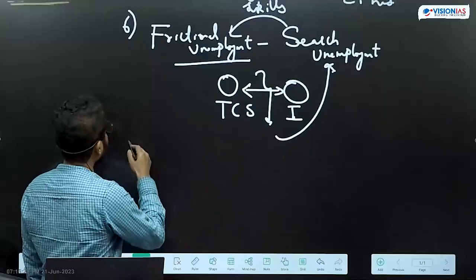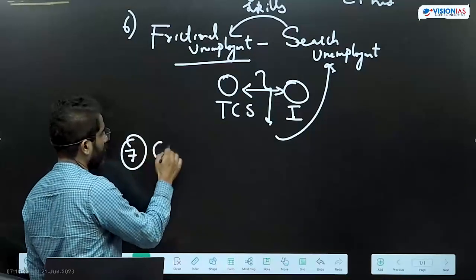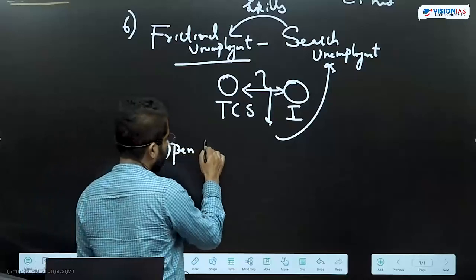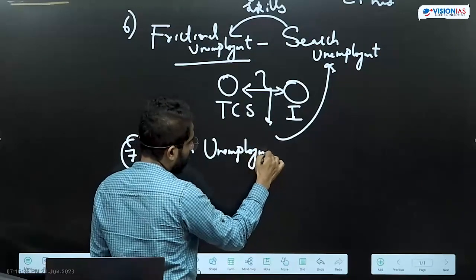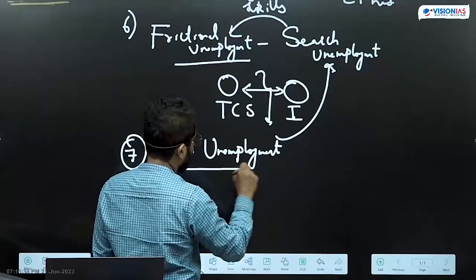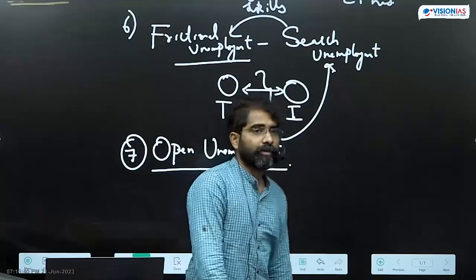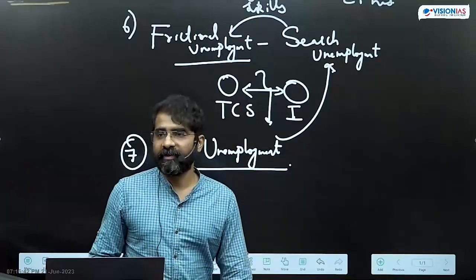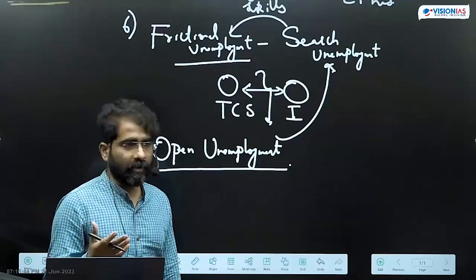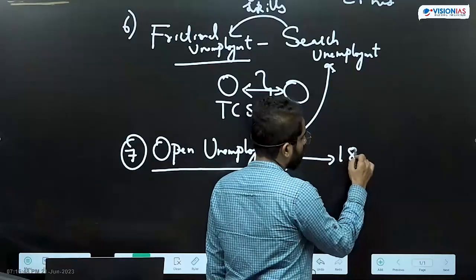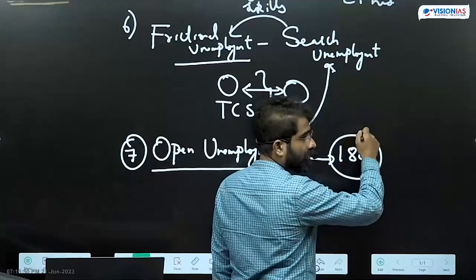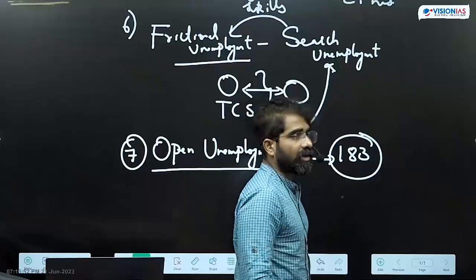Then we have something called open unemployment. The word open unemployment is used when you are referring to long-term unemployment. That means in 365 days, something like more than 180 days, there is no job. Generally they also use the word chronic unemployment.